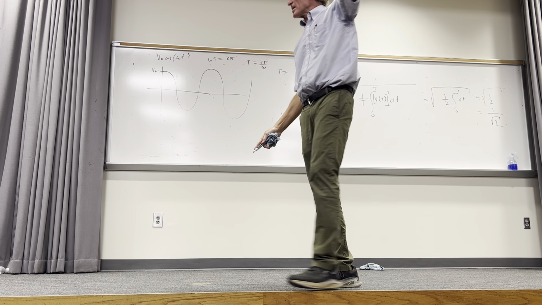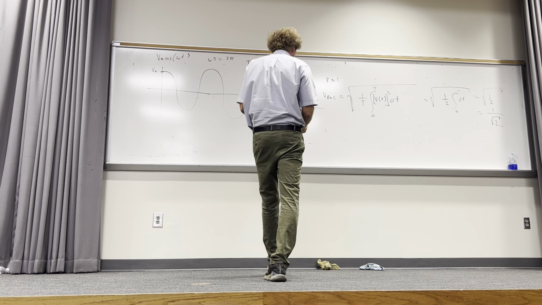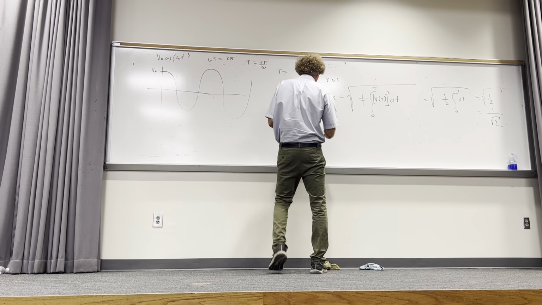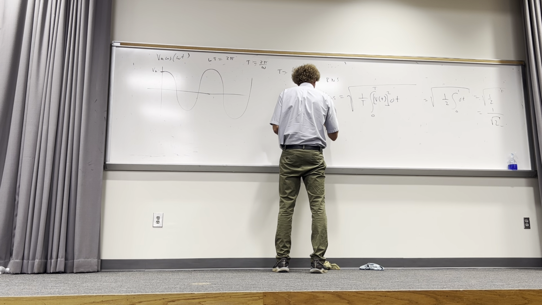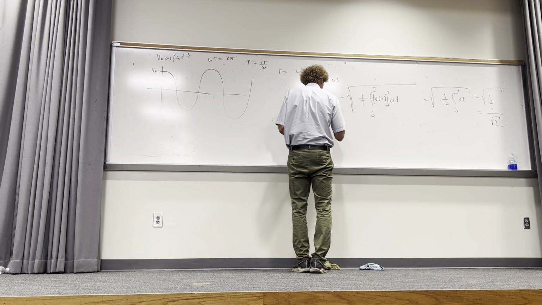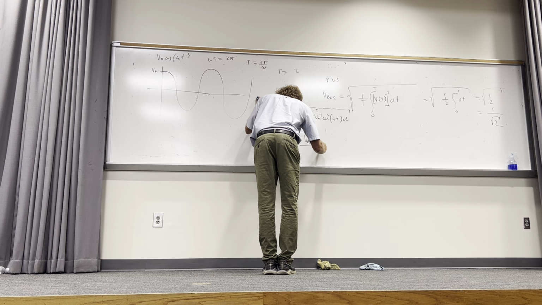If you didn't catch everything I was saying, here's the bottom line. When you take the integral from 0 to T of Vm squared times cosine squared of omega t dt over the period, after all is said and done, you get this: V_RMS is equal to V maximum, or the peak value, divided by the square root of 2.